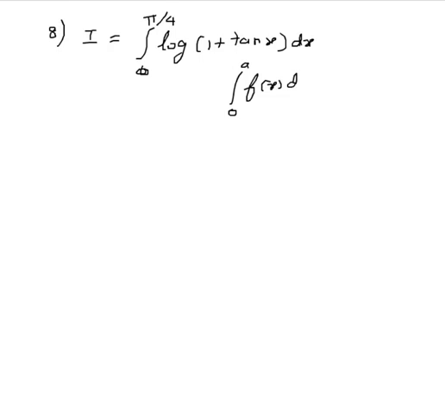Question number 8. The given integral is integral 0 to pi by 4 of log of 1 plus tan x dx. We'll use the a minus x property, that is integral 0 to a of f of x dx is equal to integral 0 to a of f of a minus x dx.